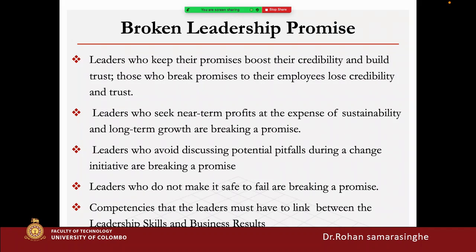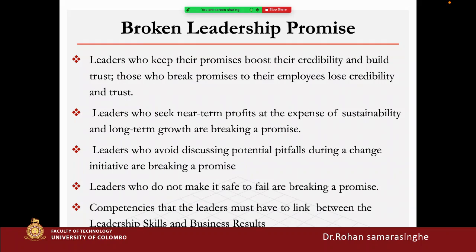As long as you keep these promises, boost their credibility and build the trust, the employees will respect you. Otherwise, if you break the promises to your employees and lose the credibility and trust, they will never respect you.